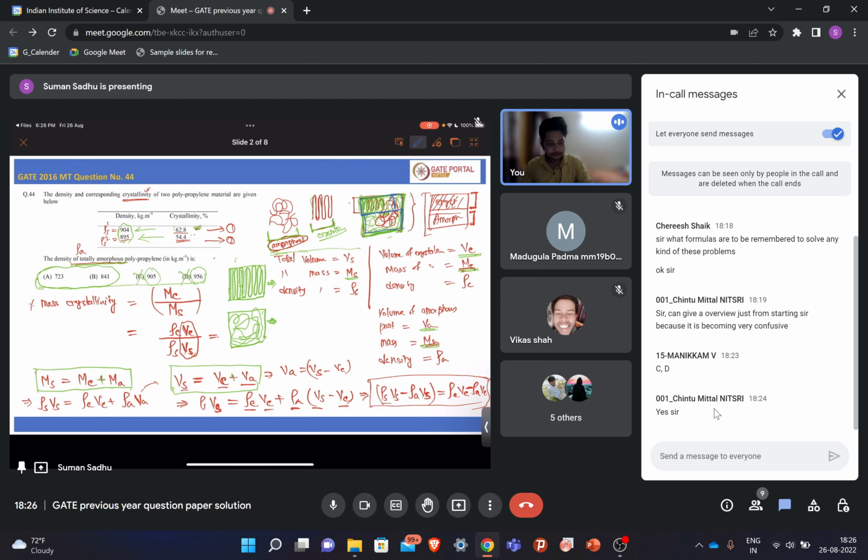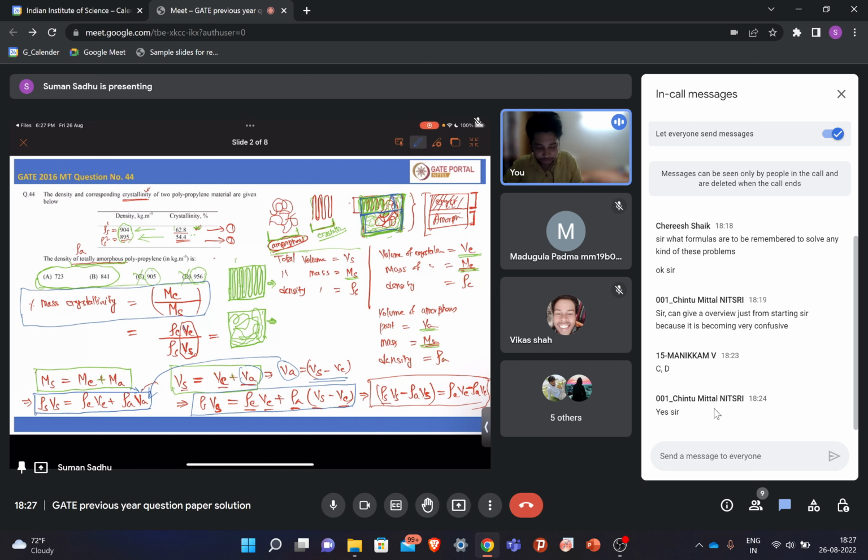Now if you write the total mass in terms of density and volume, you will get rho s Vs equals rho c Vc plus rho a Va. Now if you substitute the Va term in terms of Vs and Vc in this equation, you will get this equation, because as we have defined, the percentage of mass crystallinity is the mass of the crystalline part divided by the mass of the total sample.